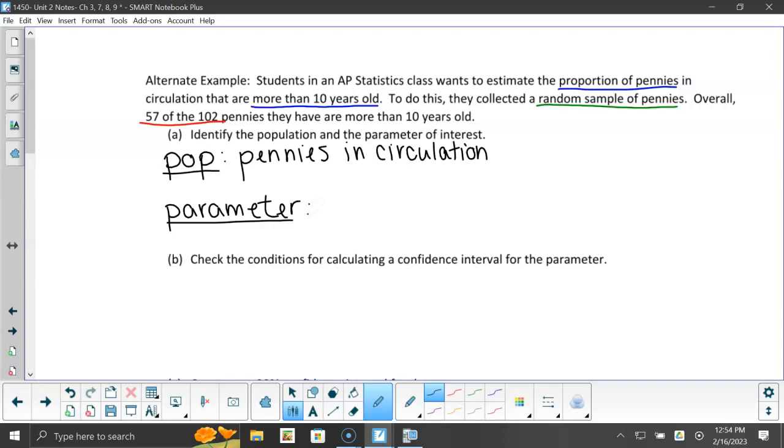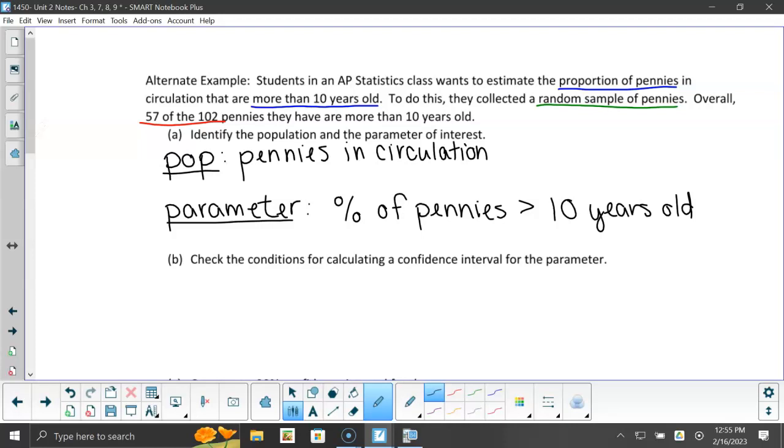Yes, this one is the percentage of pennies greater than 10 years old. Now, here's the thing. With pennies, you don't necessarily know, because if you look at a coin, it just tells you the year it was minted. You don't know when it was, so we just always assume it's in that year.